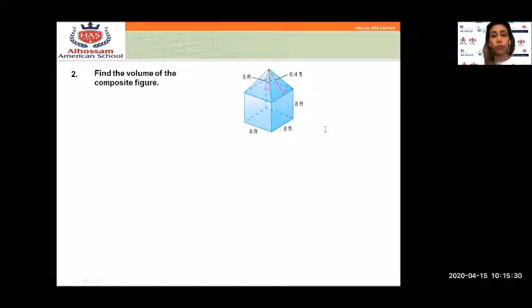No, it's not a prism. Ahmed Abdel Halim, what is the upper shape? A pyramid. It's a square pyramid, it's not a prism. Okay, thank you.